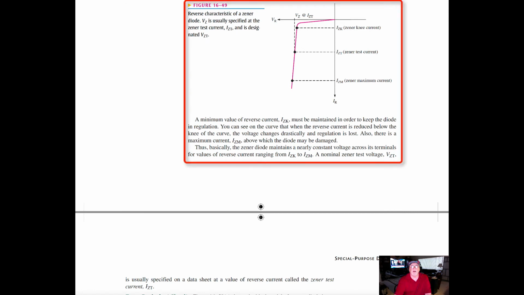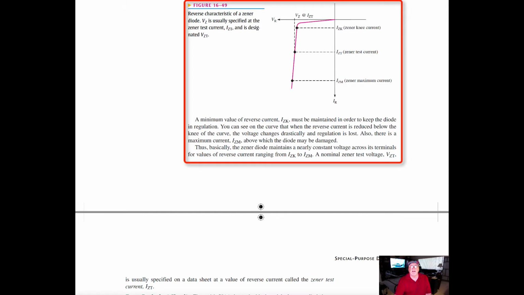A minimum value of reverse current, I_ZK, must be maintained in order to keep the diode in regulation. You can see on the curve that when the reverse current is reduced below the knee of the curve, the voltage changes drastically and regulation is lost. Also, there's a maximum current, I_ZM, above which the diode may be damaged.